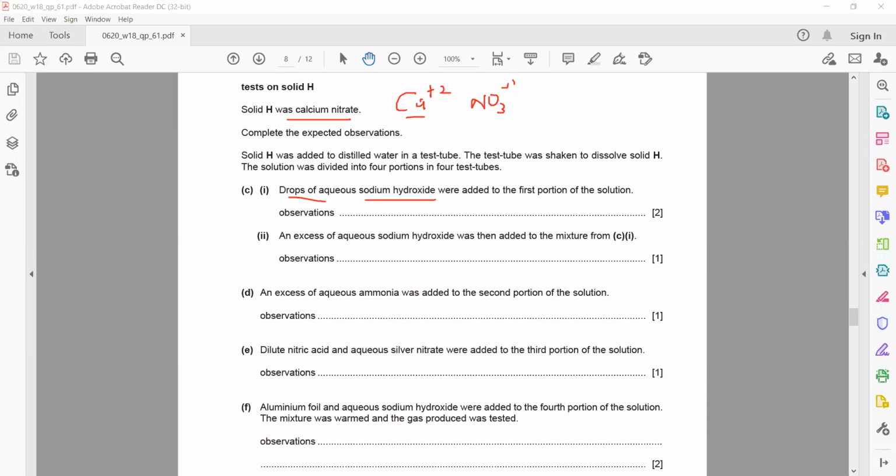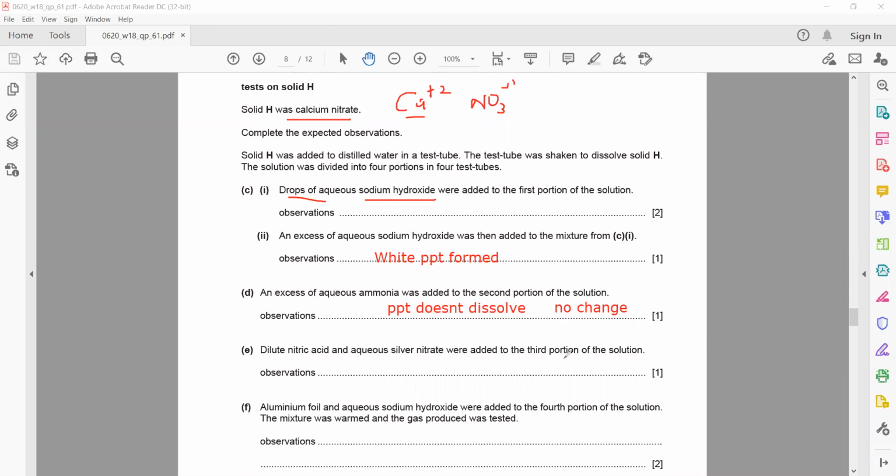The first one, it will form a white precipitate. And when we add an excess of sodium hydroxide, the precipitate does not dissolve, it remains insoluble. No visible change. Dilute nitric acid and silver nitrate, so that is a test for halide ion.